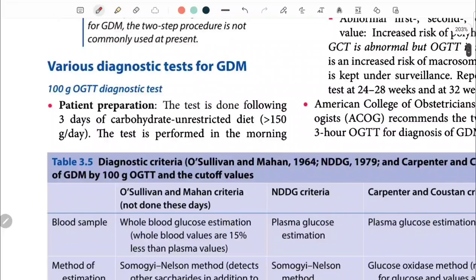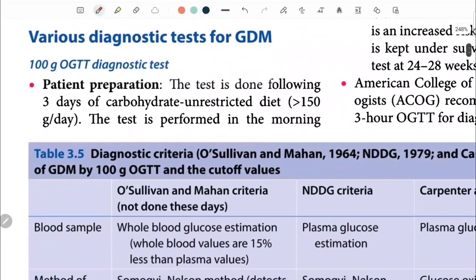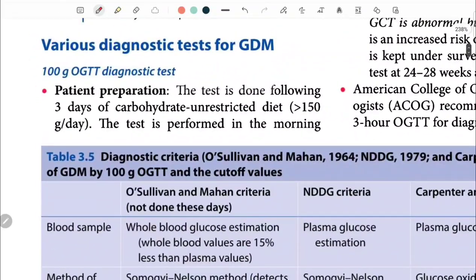So let's look at the first diagnostic test, that is the 100 gram OGTT diagnostic test. What is going to be the patient preparation? The test is done following 3 days of carbohydrate unrestricted diet.